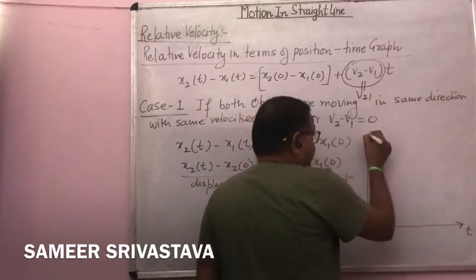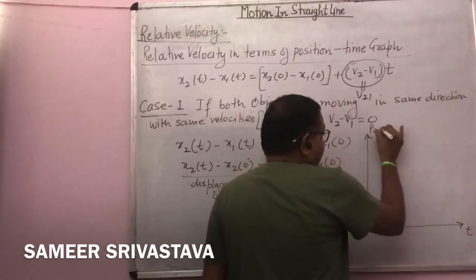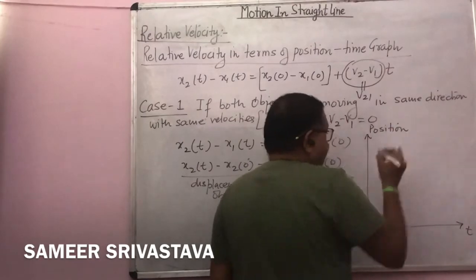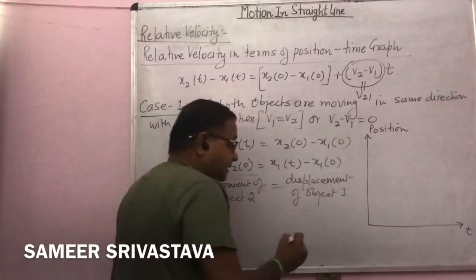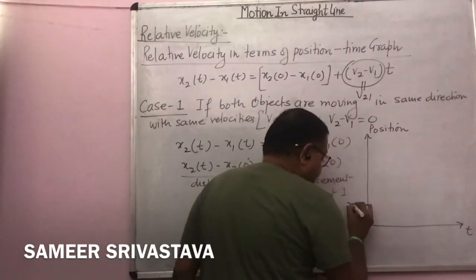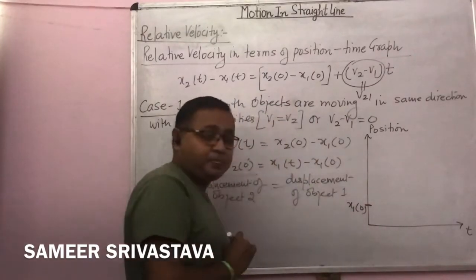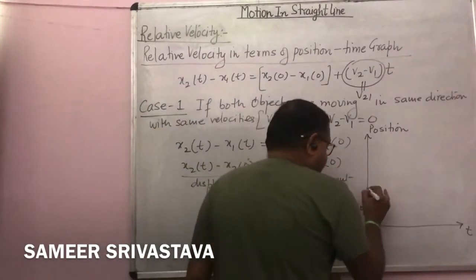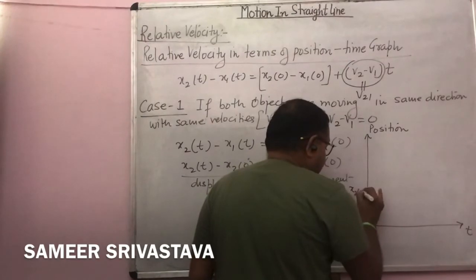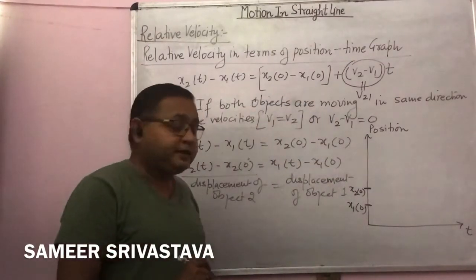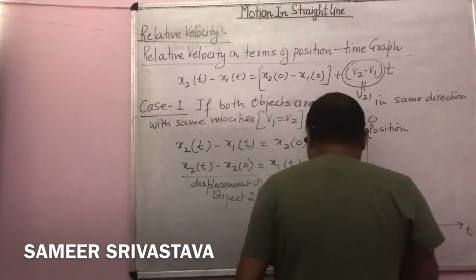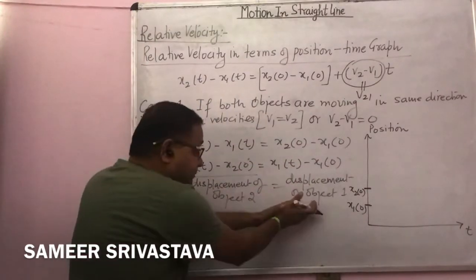So if I am going to make a position time graph for the case of two displacements, say the first object has an initial displacement x10, and the second object has an initial displacement x20. Now they are moving with a constant velocity, so in that condition their displacement must be the same.